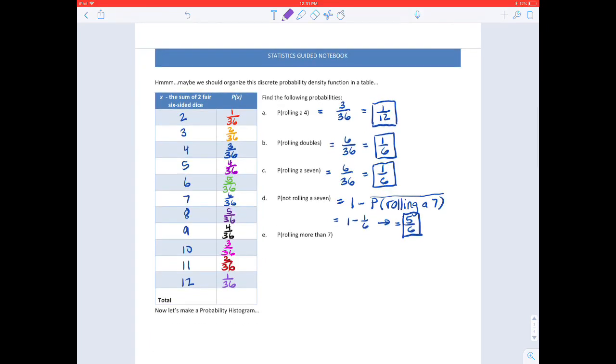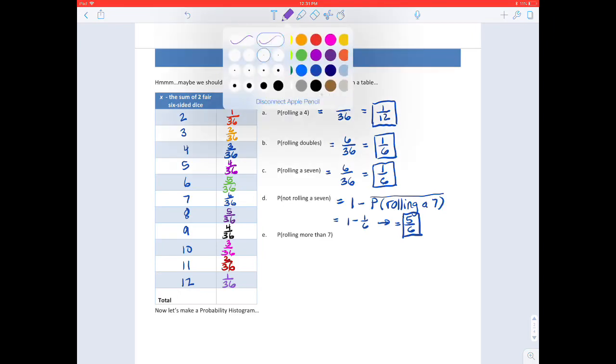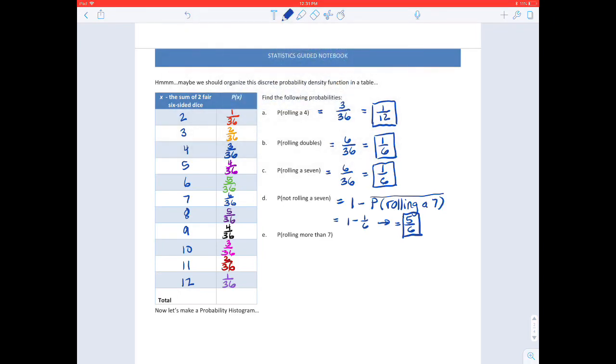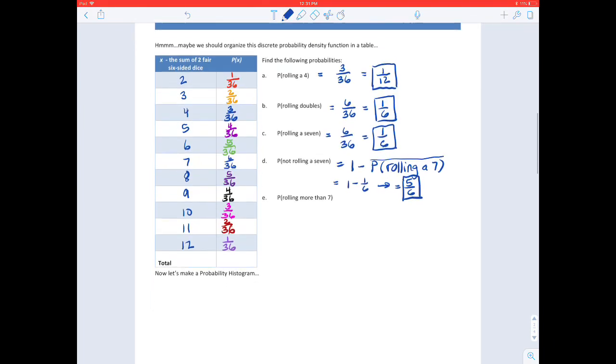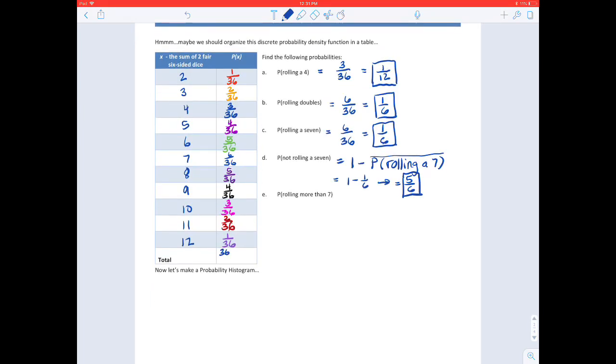In 36. So if you add up all the numerators here, we have 1, 3, 6, 10, 15, 21, 26, 30, 33, 35, and 36. So we get 36 out of 36, which fortunately equals 1.